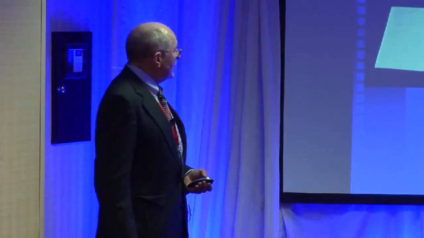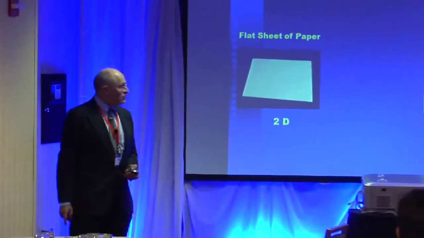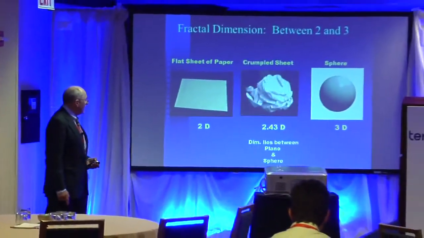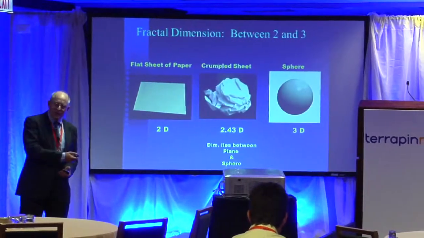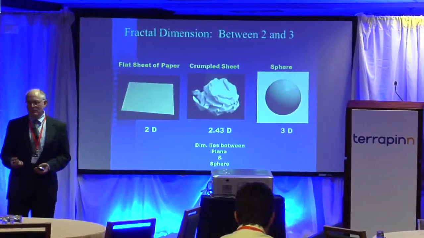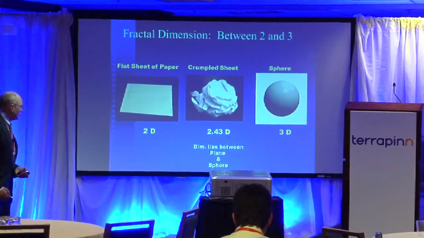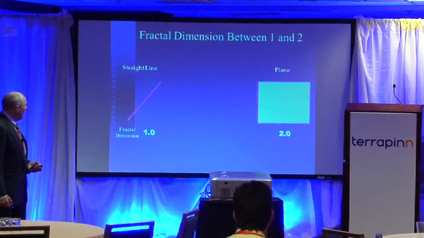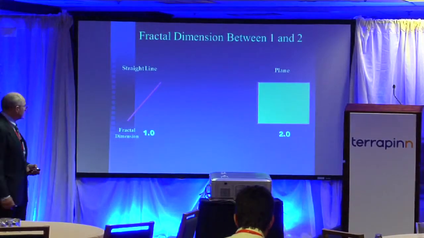To give you a sense of it, a flat sheet of paper, at least on its surface, is 2 dimensions. A sphere has 3. But if you take a piece of paper and crumple it up into a ball, it's neither a sphere, but it's not a flat piece of paper. It has a fractal dimension of somewhere between 2 and 3. We're more interested in the domain between 1 and 2 as time series analysts.